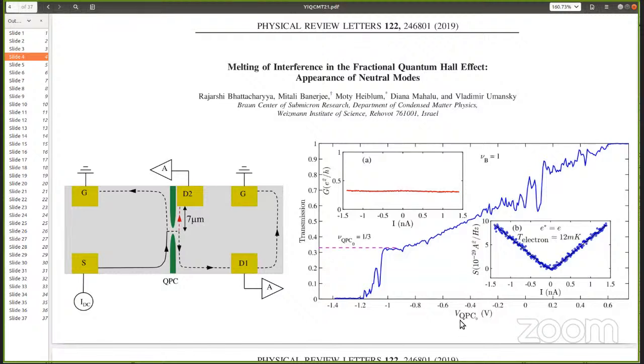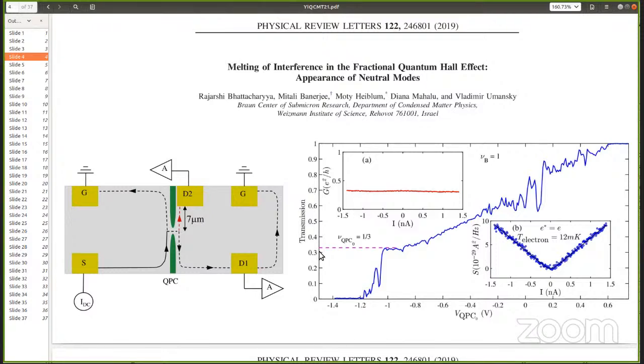As you pinch off the QPC, as you reduce the voltage on the QPC, the transmission falls, but somewhere it forms a plateau when the transmission is exactly 1/3.